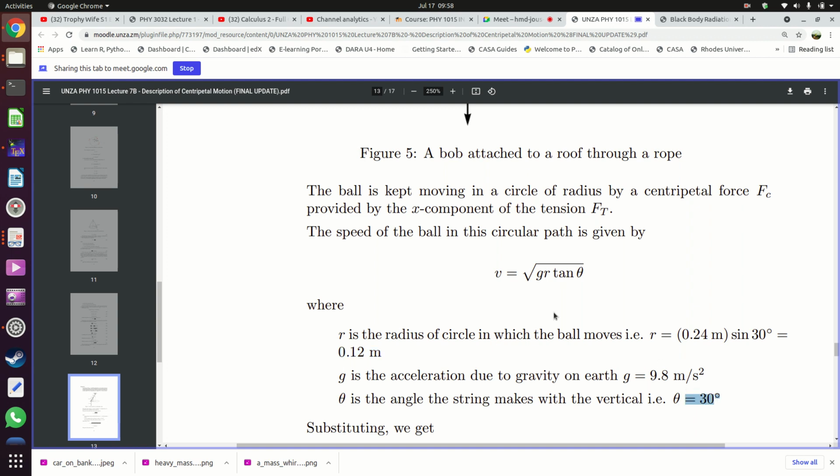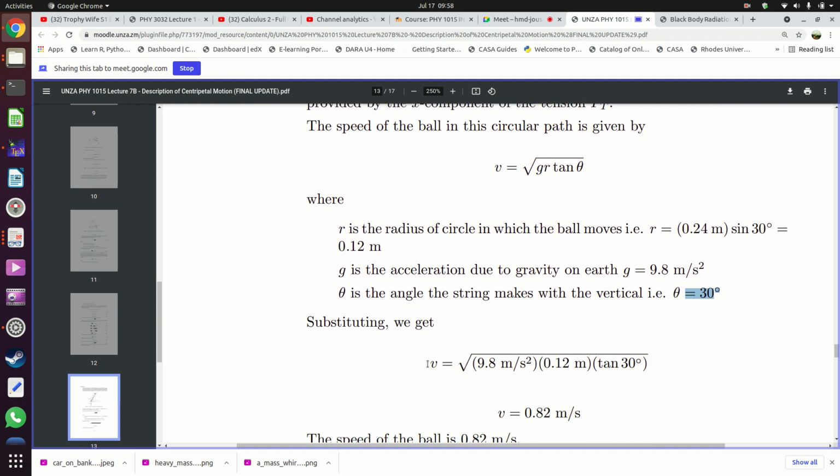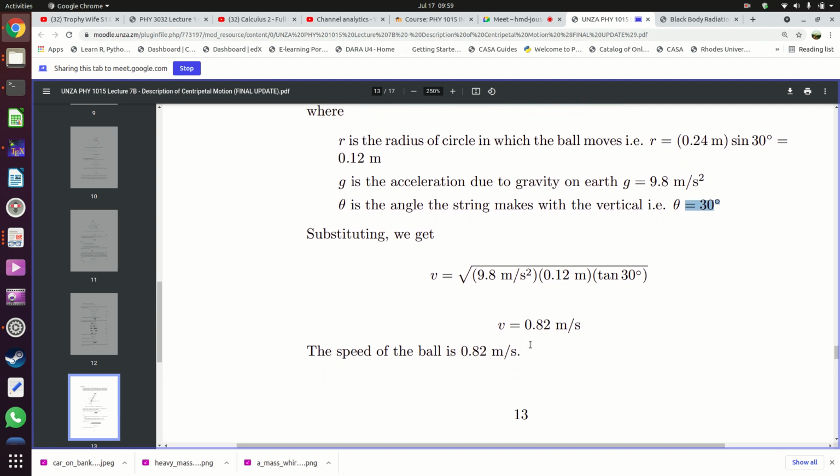If we substitute, v is equal to the square root of 9.8 times 0.12 times tan theta, and you end up having v equal to 0.82 meters per second. So this is a velocity in meters per second. Is it clear?